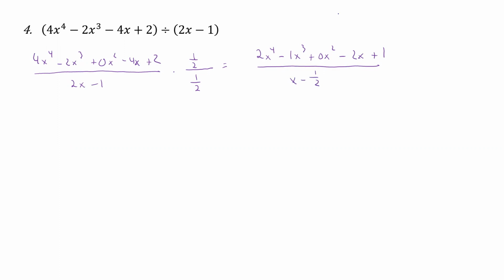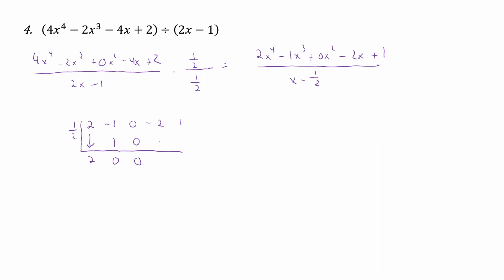Okay. So now I've got the new problem to work, and so my k is 1/2, so I'll have 1/2, and then I'll have a 2, -1, 0, -2, 1, and I bring down first my 2. So 1/2 times 2 is 1, minus 1 plus 1 is 0. Half times 0 is 0. 0 plus 0 is 0.